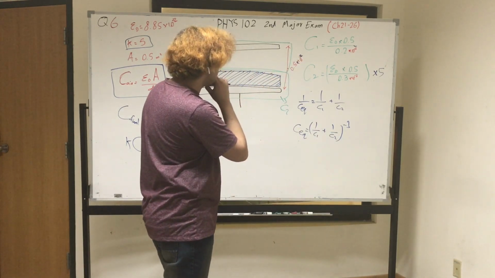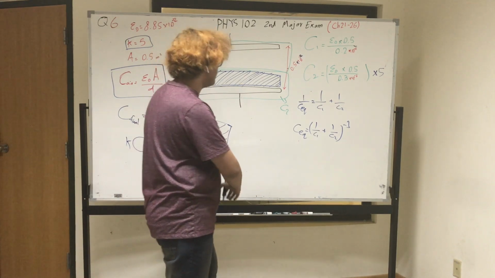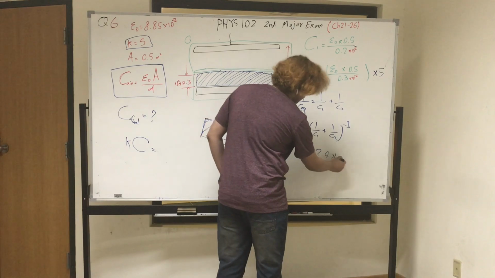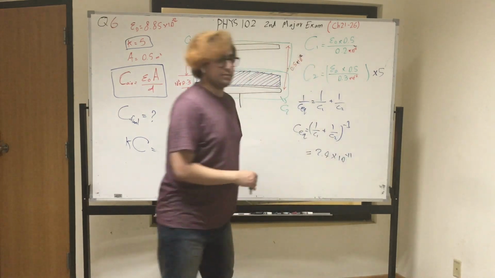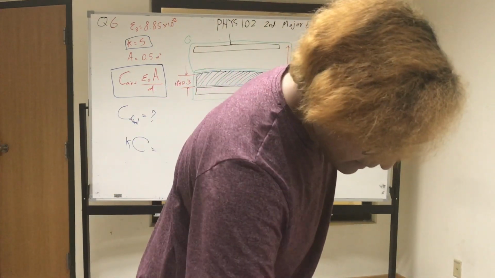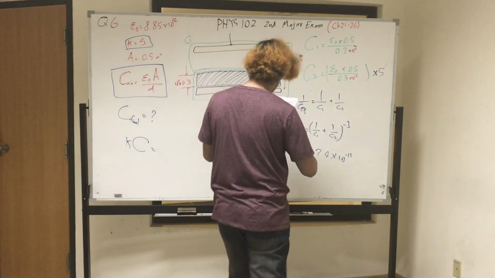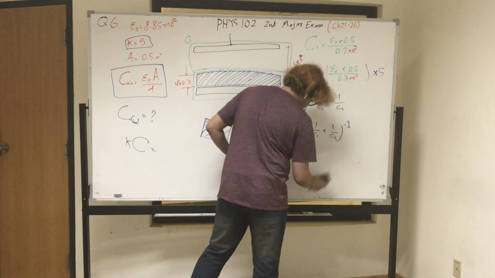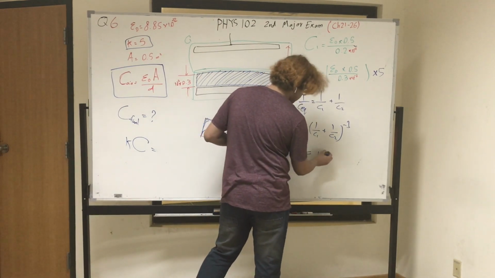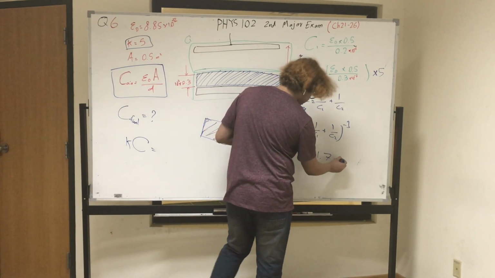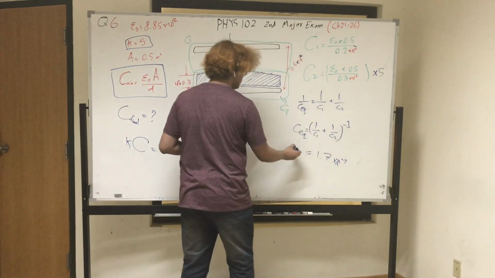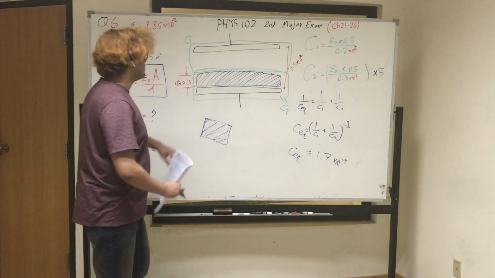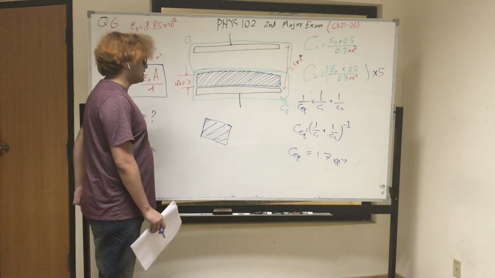And you just plug these numbers into your calculator and you'll be getting, I think, 2.4 times 10 to the negative 12, if I was not mistaken. No, it's not that. It's 1.7 times 10 to the negative 9. So that is equal to the equivalent capacitance after we insert this dielectric. And that's your answer.